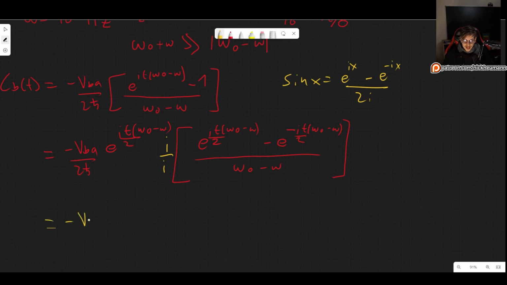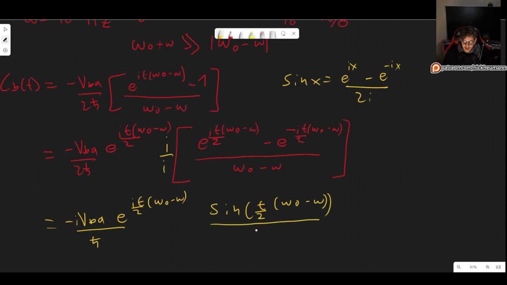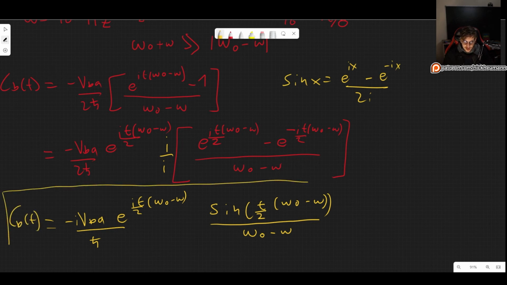So we can rewrite this as minus i times V_BA, e to the it, this has not changed, divided by 2, all of this is divided by h bar, and then we have sine of t over 2 (omega 0 minus omega), and we divide all of this by omega 0 minus omega. And there we go. This is C_B as a function of time.